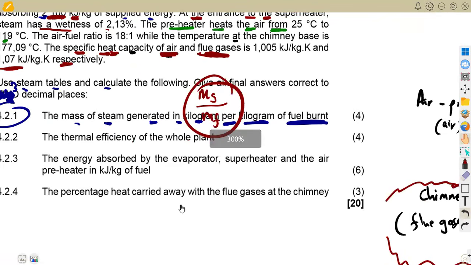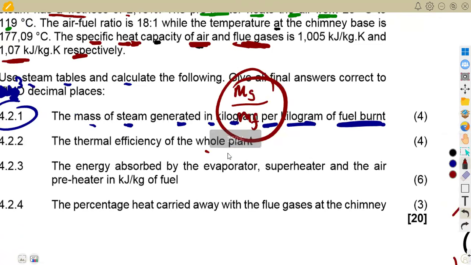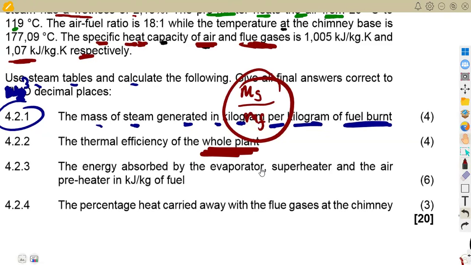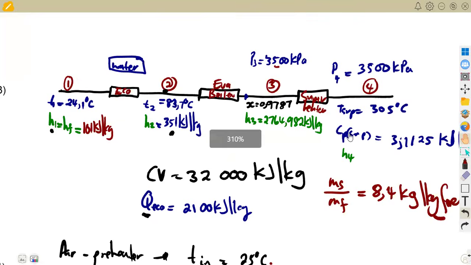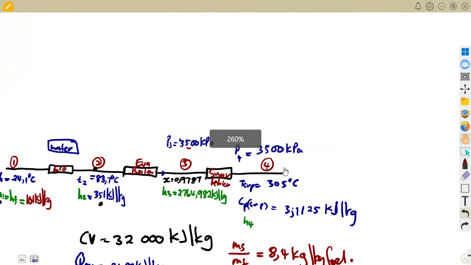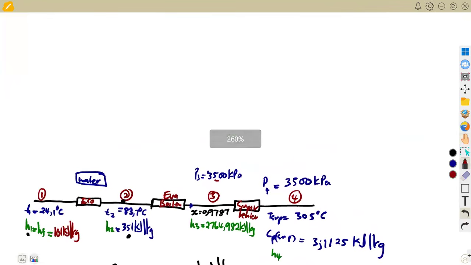4.2, the thermal efficiency of the whole plant. All right, there it's important. The thermal efficiency of the whole plant. I talked about this formula for the thermal efficiency, and this is our formula here.